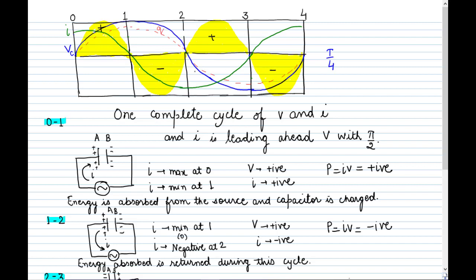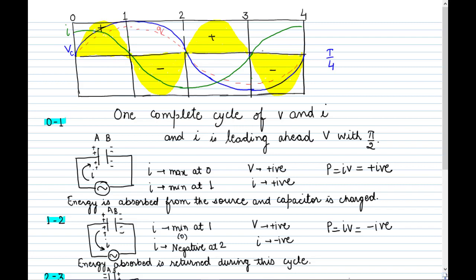Whatever is the accumulated charge is depleted from the capacitor and the voltage VC is reduced. The voltage VC is negative and then it becomes 0 at 4 and the capacitor is fully discharged.